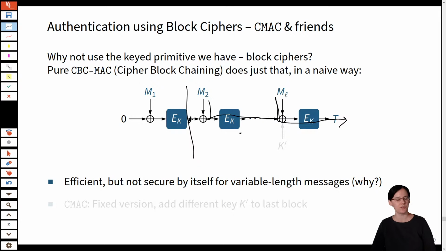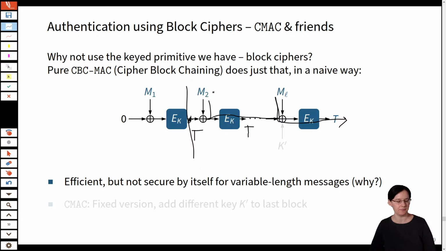Now you could use this intermediate result to forge the tag for a different message. How can you do this? You can try to add something, so to concatenate something to the message, which overall again leads to the same tag T. So if this intermediate value here is called T, you can try to choose M2 in such a way that the output here is again T.